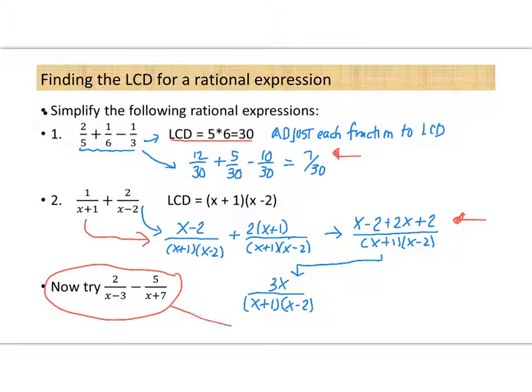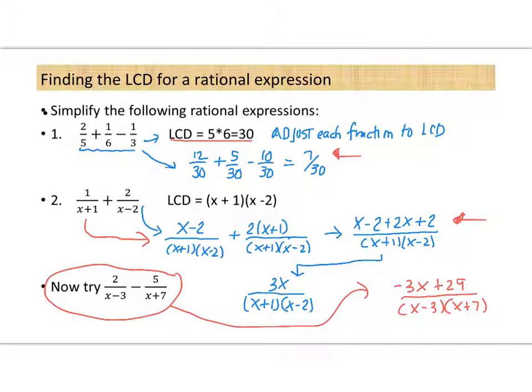So in this particular case, you should have gotten minus 3x plus 29 all over (x minus 3)(x plus 7).